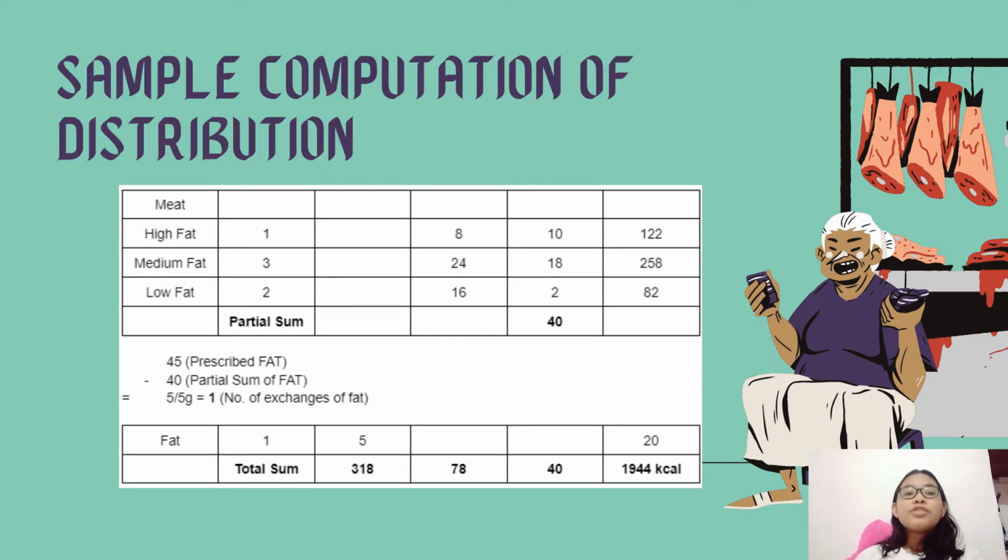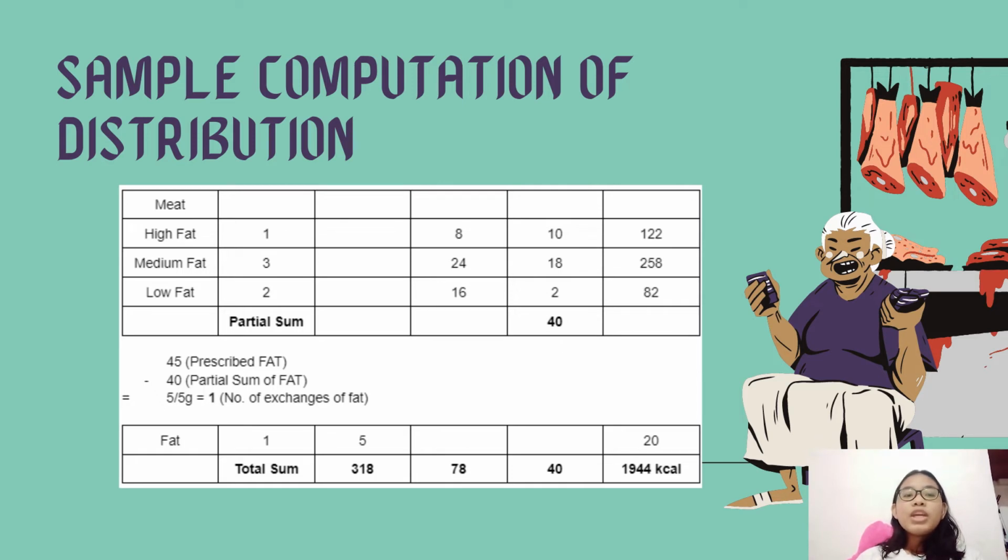So for the meat exchanges, we decided to categorize it into 3 categories, which are high fat, medium fat, and low fat. For the high fat, it has 1 number of exchanges, has 8 grams of protein, 10 grams of fat, and 122 kilocalories of energy.